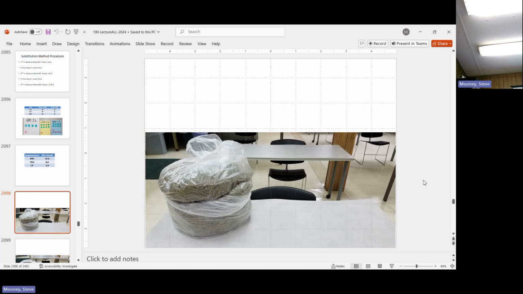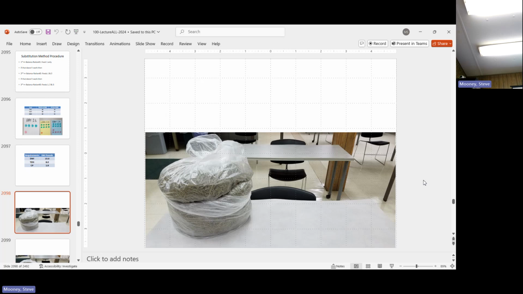What about protein? How many dots do I have for protein? How many pounds of protein do I have in this 10-pound pile? 10%.